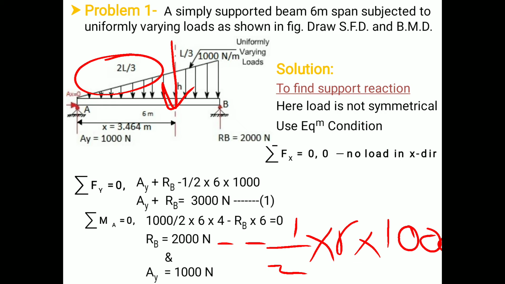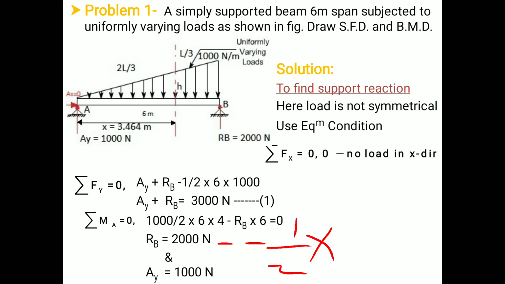At that distance it will act. Therefore, after solving it, we have the final equation 1000 by 2 into 6 into 4. Remember that UVL we have converted into the point load, and the point load it will act at a distance of L by 3 from the 90-degree angle, and the remaining distance will be twice L by 3. So this is the value of moment due to the UVL.